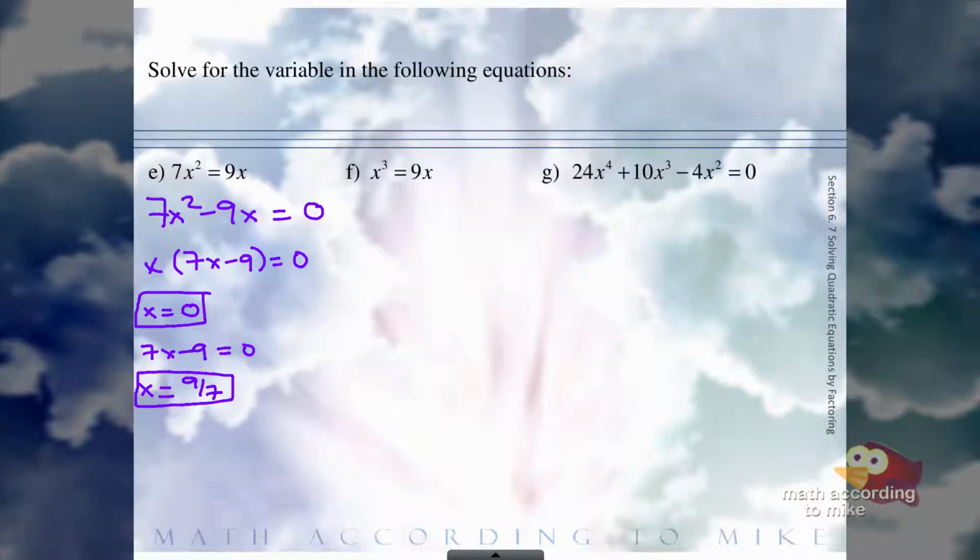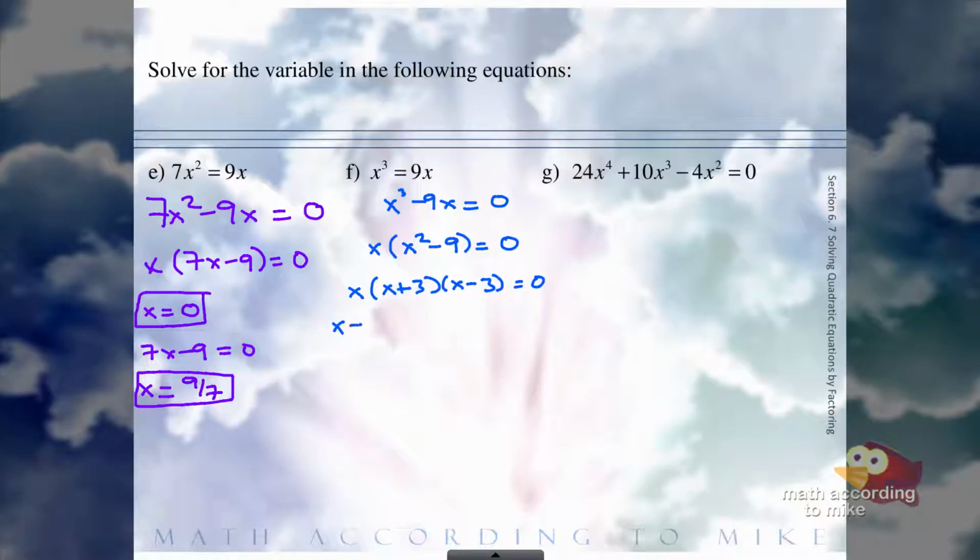Part F, just like Part E, write it in standard form by subtracting 9x from both sides. Factor out an x. And then x squared minus 9, how does that factor? It's a difference of squares, x plus 3, x minus 3. So we have three factors, set them each to 0.